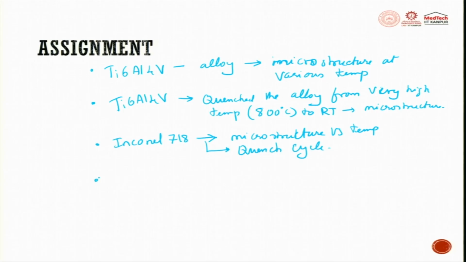Then the third one is going to be aluminium 6XXX series. Try to do the same microstructure versus temperature, and then with quenching cycle.